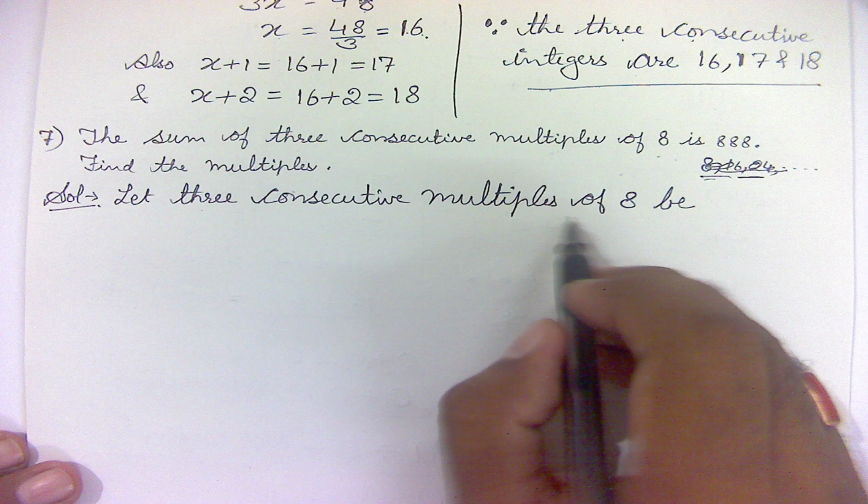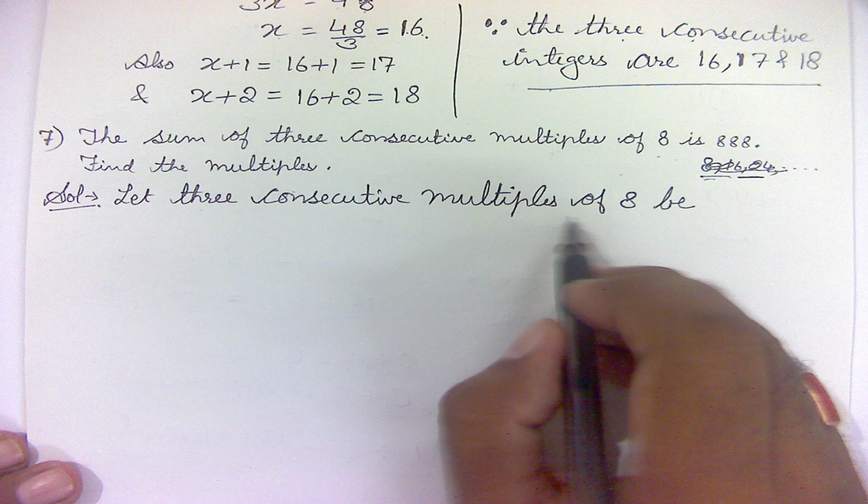The question says the sum of these three consecutive multiples is 888. So x plus x plus 8 plus x plus 16, if you add all these three, it is equal to 888. Now x plus x plus x, 3x plus 8 plus 16, it is 24, equals 888.